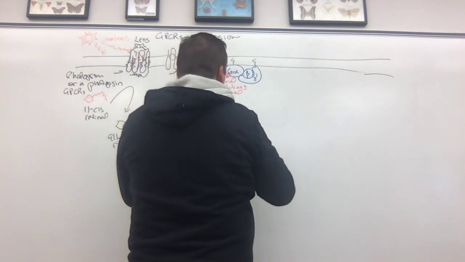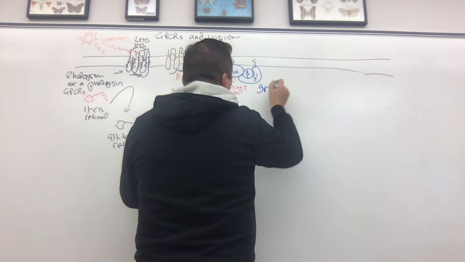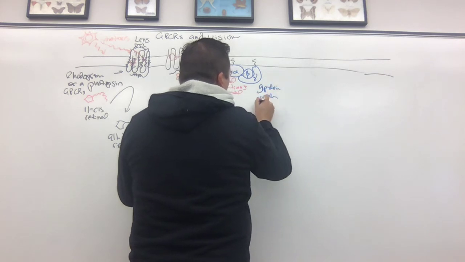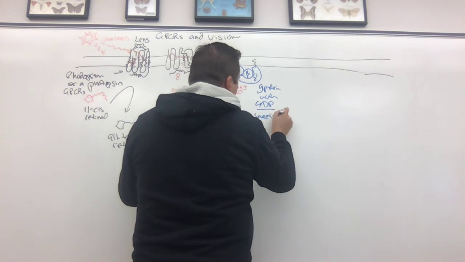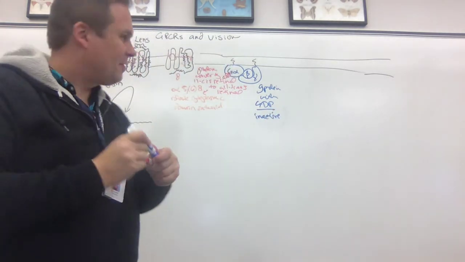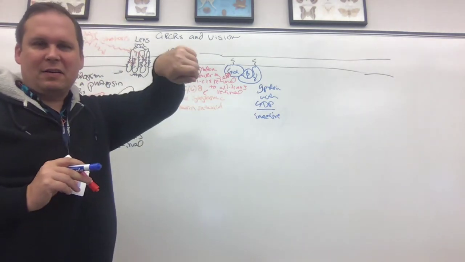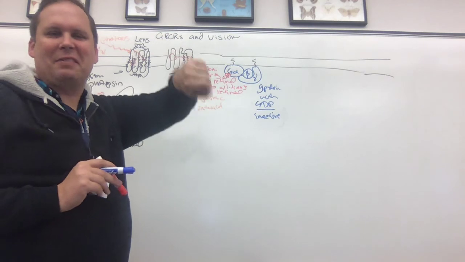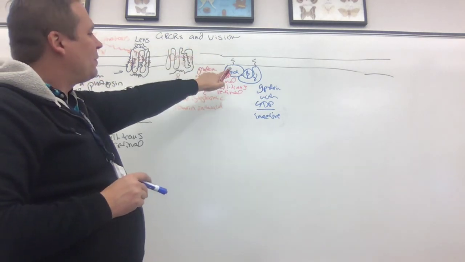So this is G protein with GDP, which is inactive. All right, so now let's make it active. So because we have changed the shape of this, it's going to act like a can opener or a pry bar or whatever. It's going to pry that GDP out. And now we're going to break this apart.